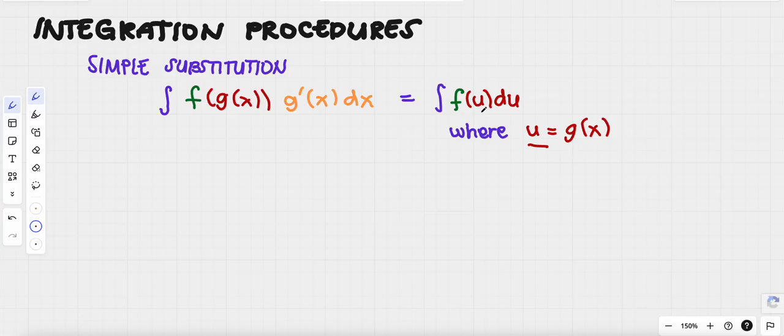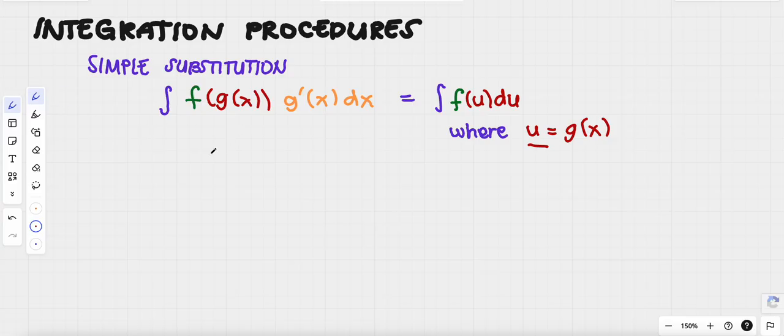So this variable u is equal to g of x, which can be found in the original form of your integral. The same rules apply: if you have an indefinite integral, don't forget to add c in your final answer.